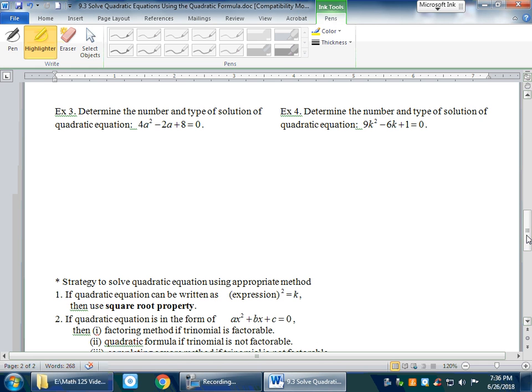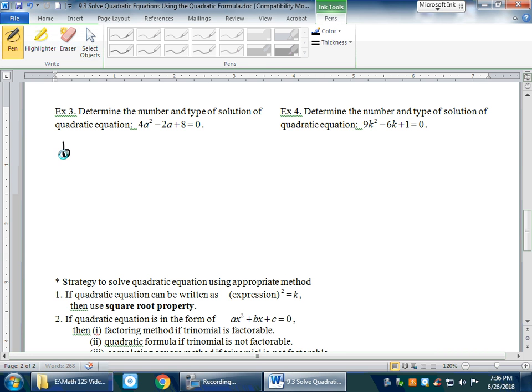So let's take a look at this example. Determine the number and type of solutions of this quadratic equation. So the question does not ask you to solve for it. It just asks you to determine. So what I will do is use the discriminant to figure it out.